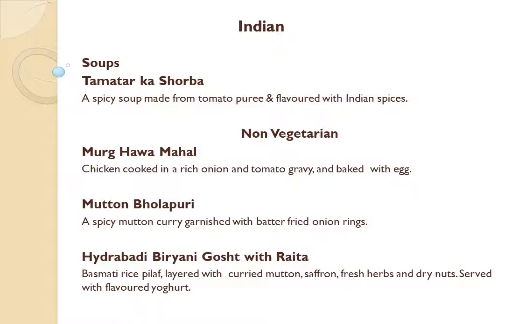There is a very important thing over here: whenever we are taking any main course gravy items of Indian origin, again I'm repeating, along with that there are some accompaniments that have to be served as complimentary. Like we are going to give an option to the guest, sir, would you like to have murg hawa mahal?